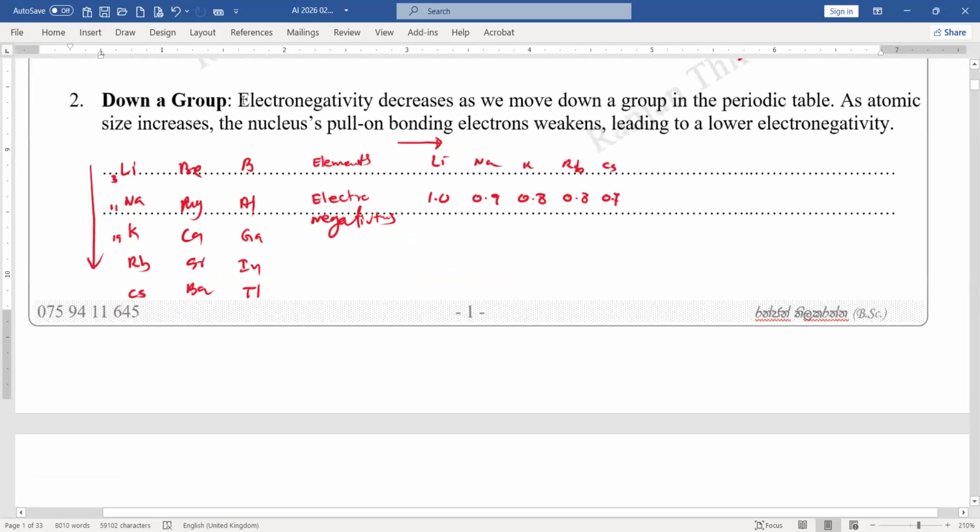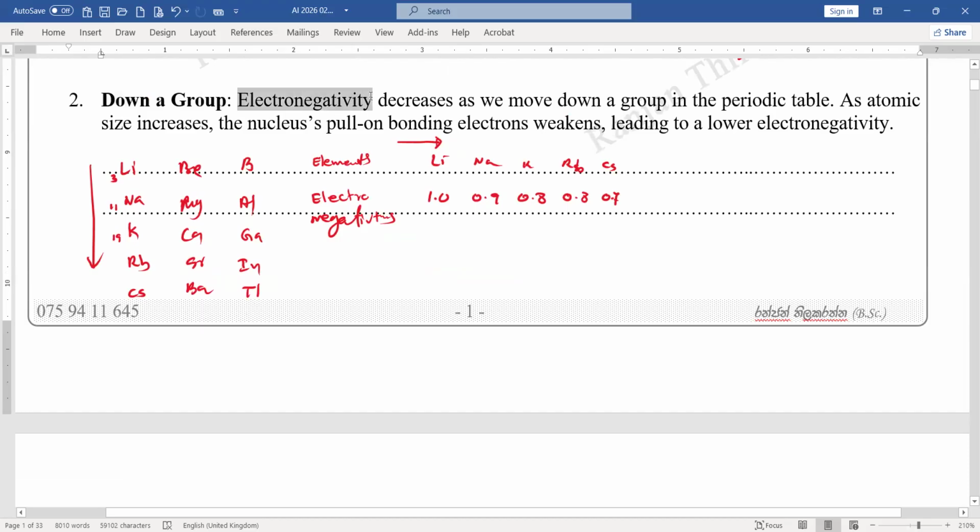So down the group, what happens? The electronegativity decreases as we move down a group in the periodic table. As the atomic size increases, the nucleus's pull on the bonding electrons weakens, and that leads to lower electronegativity.